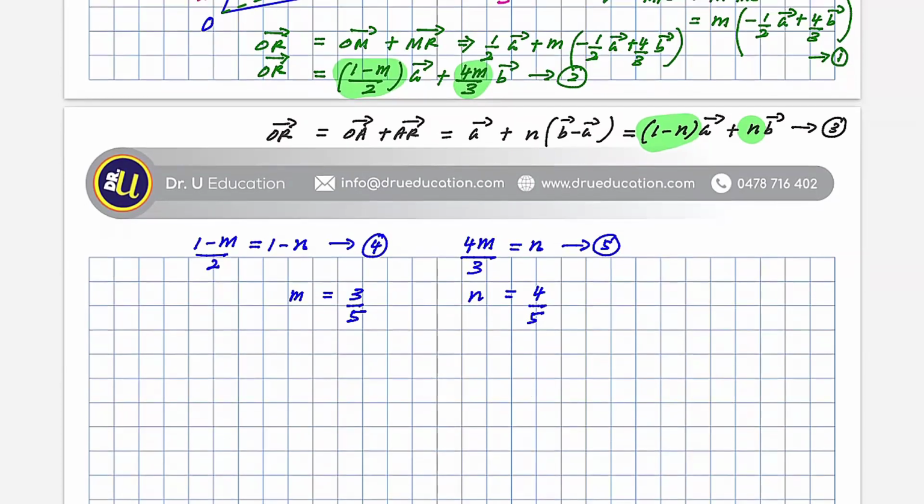So having that, you can find OR. So OR is equal to (1 minus N)A, so that's going to be 1 divided by 5 A, plus NB, so 4 divided by 5 B. Okay, so that's OR.